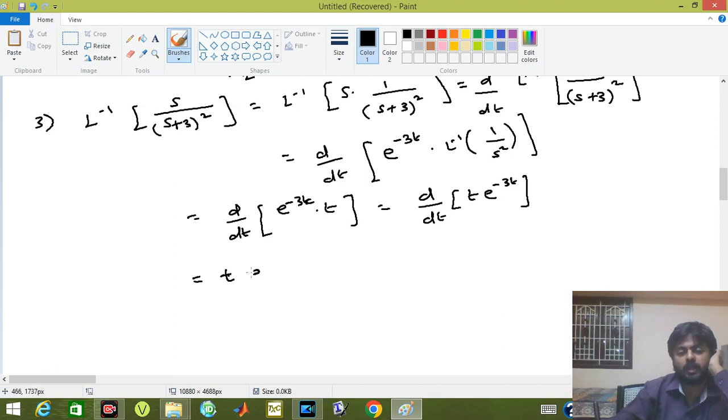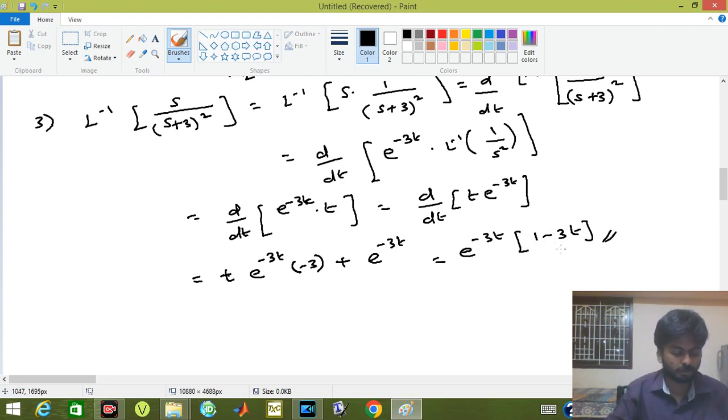So t e power of minus 3t into minus 3 plus u dash v, that is e power of minus 3t, that is equal to e power of minus 3t of 1 minus 3t. Okay, so this will be your solution, e power minus 3t into 1 minus 3t. This is your solution.